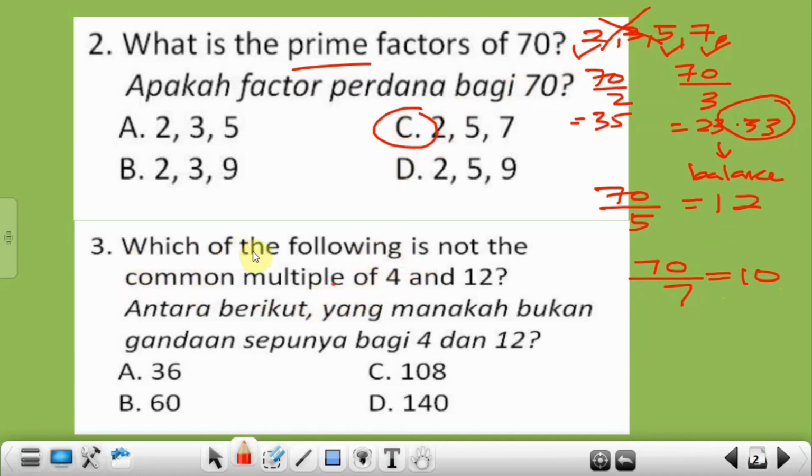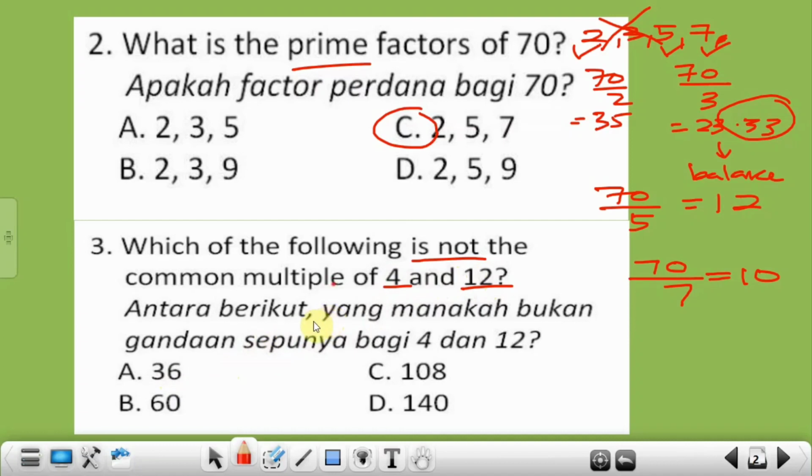Okay, number 3. Which of the following is not a common multiple of 4 and 12? If it's a common multiple of 4 and 12, you try to divide 36 with 4 and 12.